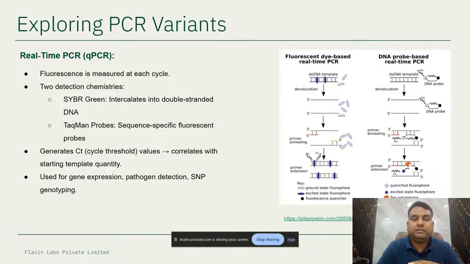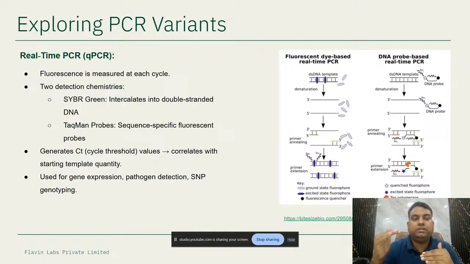The main difference is that in dye based you need not design a probe, but in DNA probe based you have to design a probe that is complementary to the sense strand of cDNA. Whenever a signal is released and it crosses a certain value, that point is known as CT, the cycle threshold.